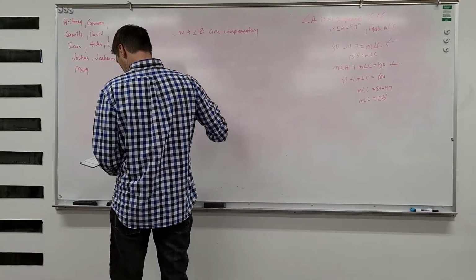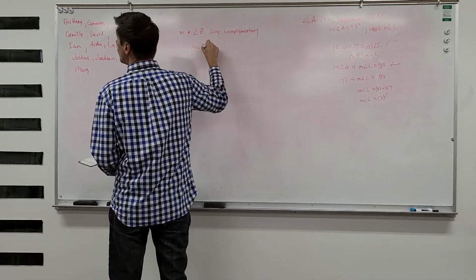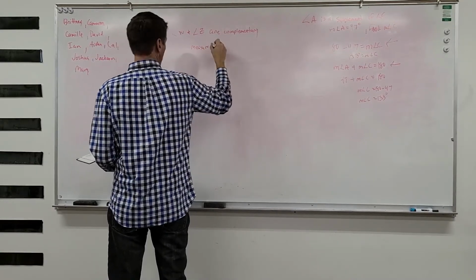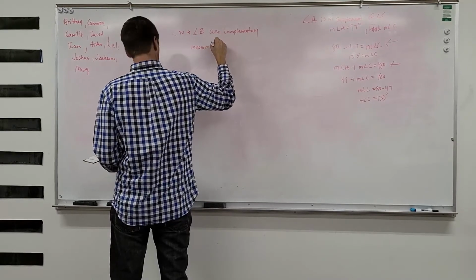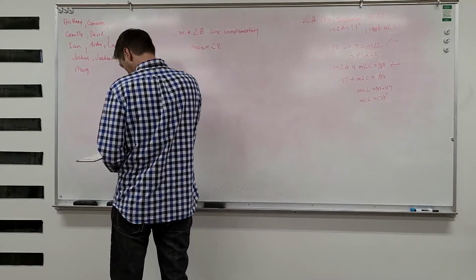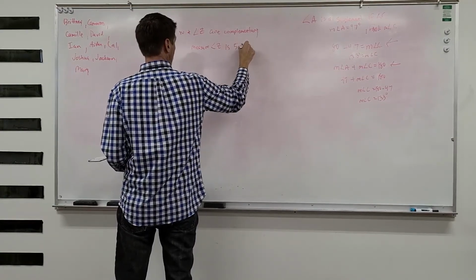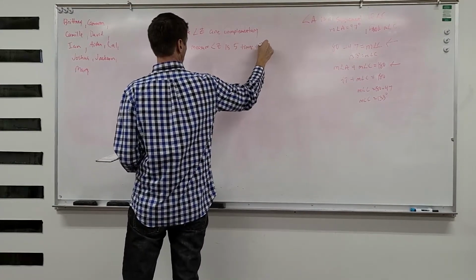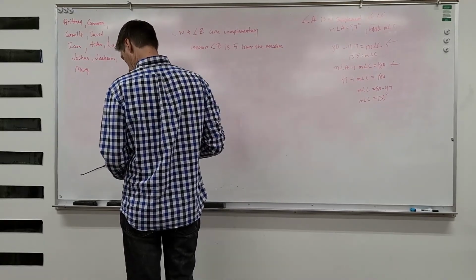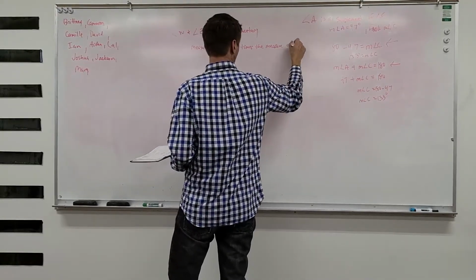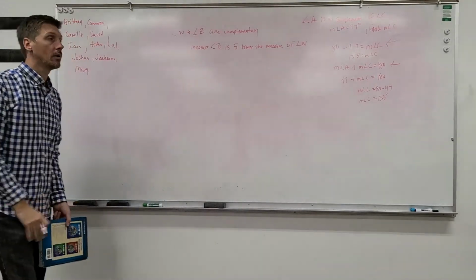So they tell us that the measure of angle Z is 5 times the measure of angle W. All right, so how would I set this problem up?